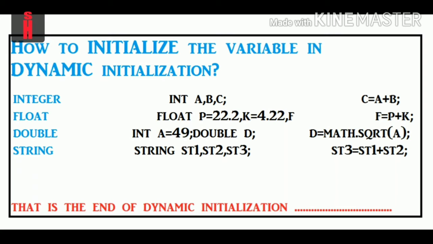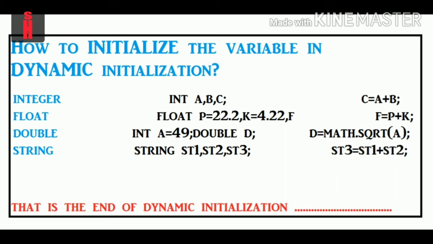Now moving towards how to initialize the variable in dynamic initialization. In this I have covered only 4 data types, that is integer, float, double and string. The same applies to char, meaning character, and to boolean. First is the integer data type.